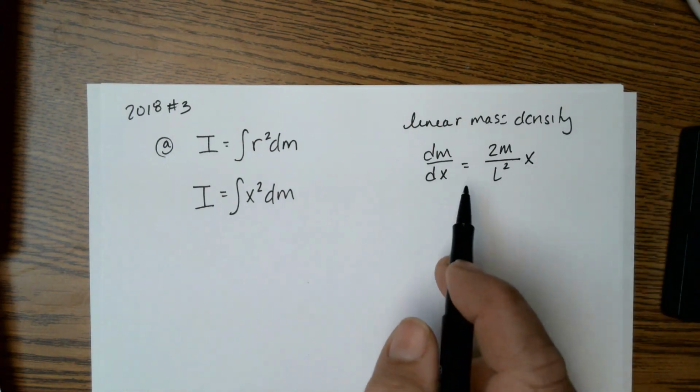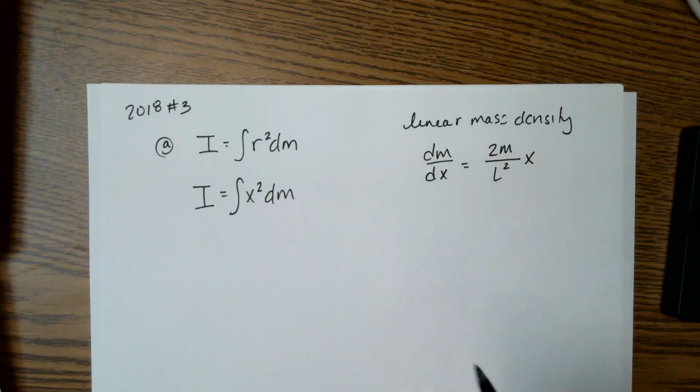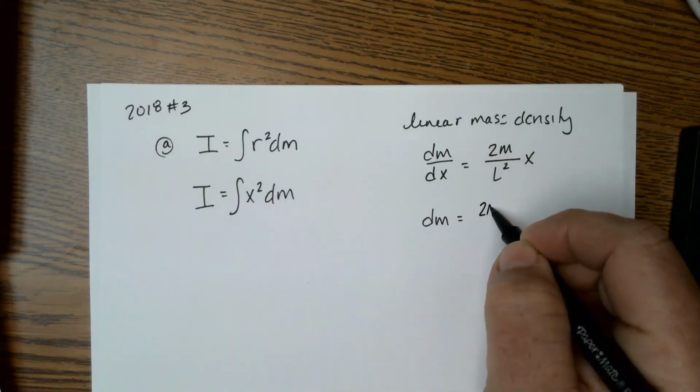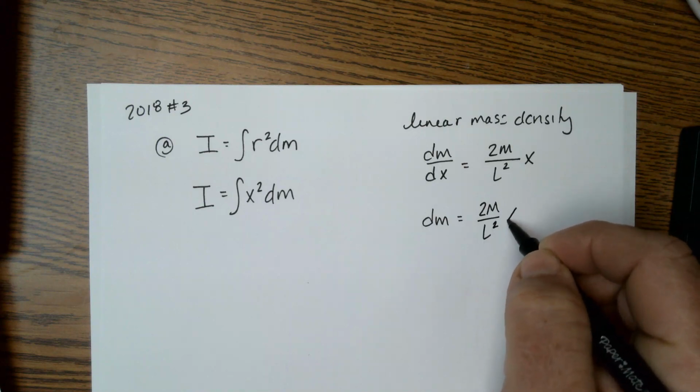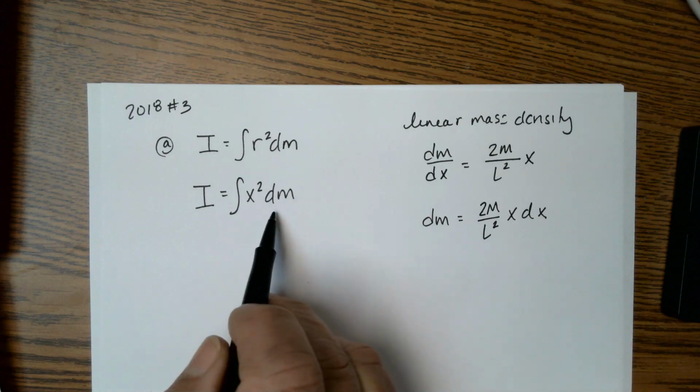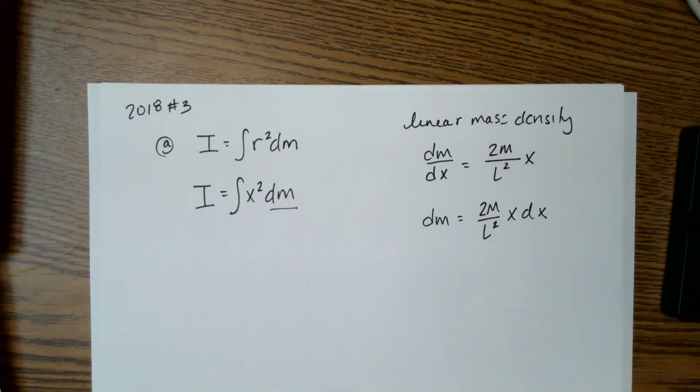So I'm going to solve this for dm: dm is equal to 2m over L squared x dx. And that is what I'm going to put in the formula for dm.